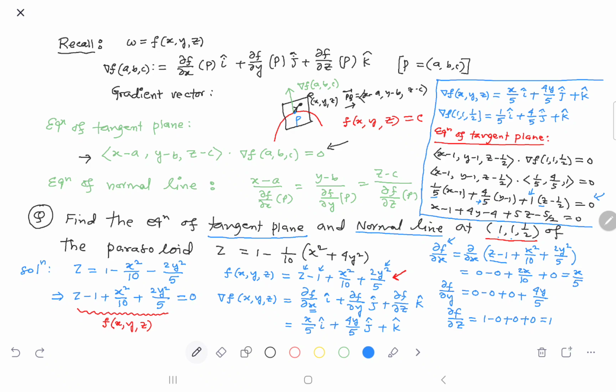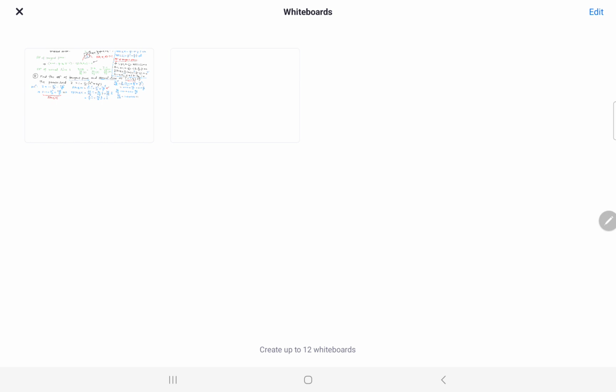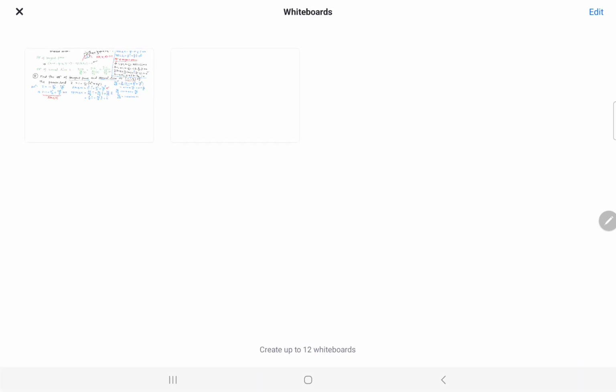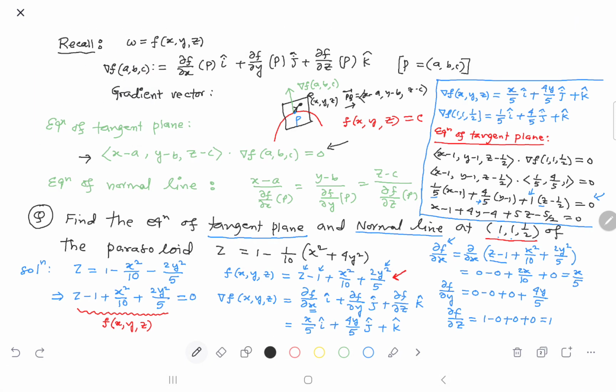Now if you simplify, what should we get? x plus 4y plus 5z, minus 1, minus 4, minus 5/2, equals 0.